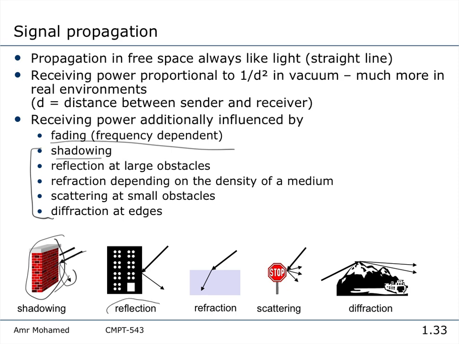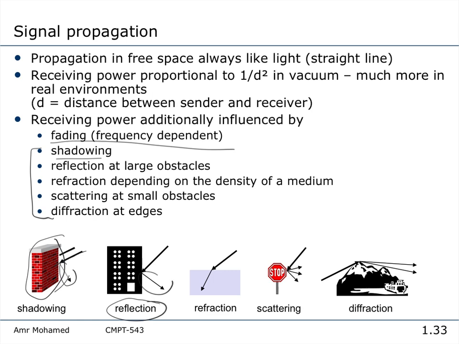There is a reflection. So the difference here is that maybe the object is large enough, yes, but the density is not that high. So the object itself has low density, in which case the signal will not be completely blocked.